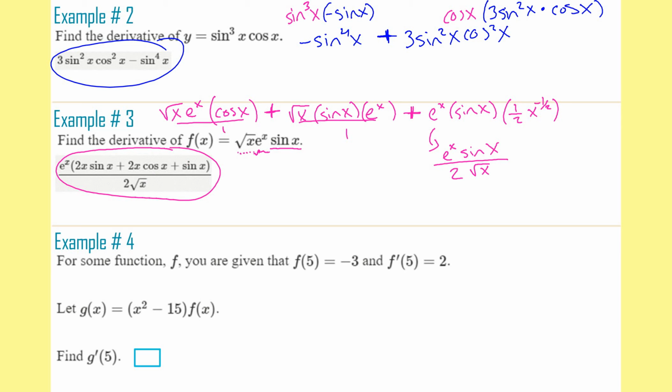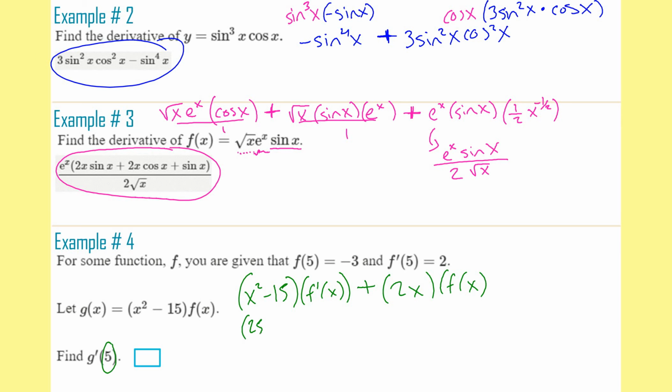All right, the last one on here. They just give you what f and f prime are. You know g of x is this, so find the derivative. Well, it's a product rule. So you do x squared minus 15 times the derivative of f, then you add the derivative of x squared minus 15, so that's just 2x, times f of x. Now just plug in your 5.